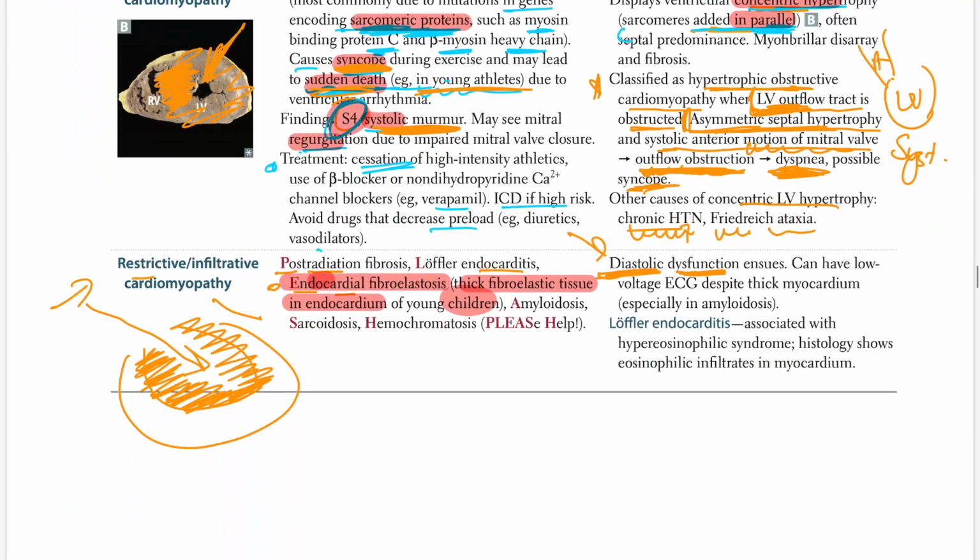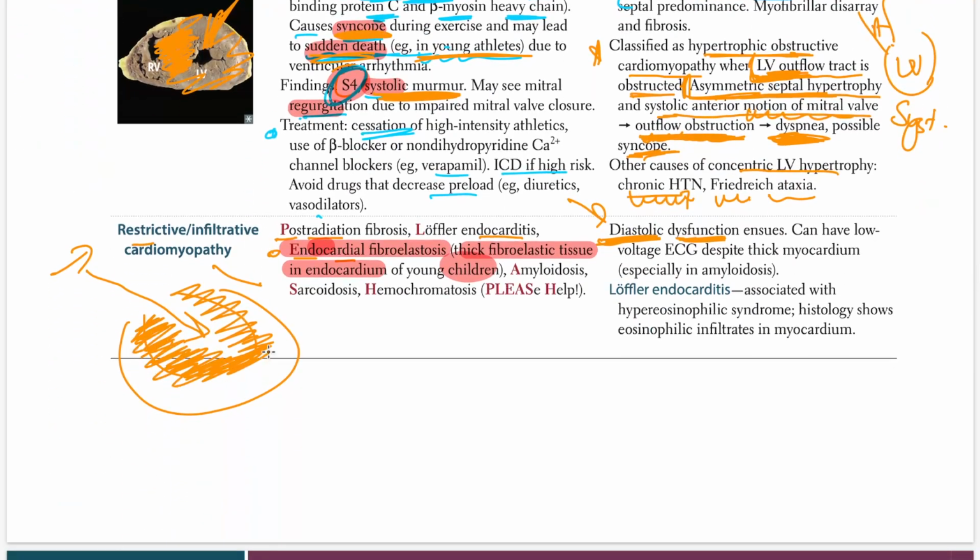But over here it is the infiltration, whatever that infiltration is, either radiation that caused fibrosis, or fibroelastic replacement, or hemochromatosis, iron deposition, any deposition that has occurred that causes decreased filling.